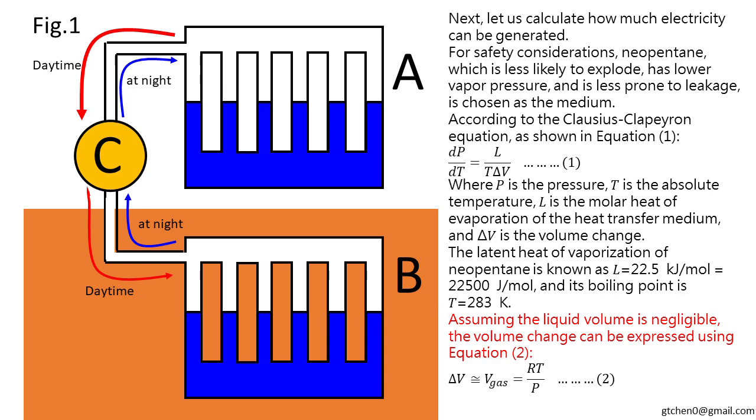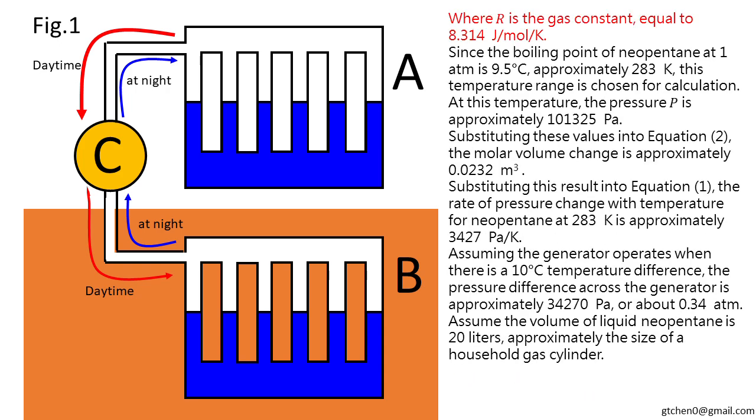Assuming the liquid volume is negligible, the volume change can be expressed using equation 2. Delta V is approximately equal to V sub gas equals RT divided by P, equation 2, where R is the gas constant, equal to 8.314 joules per mole per Kelvin.